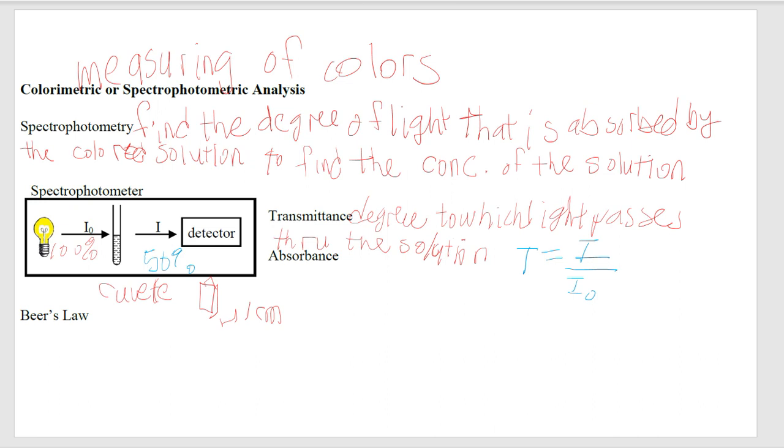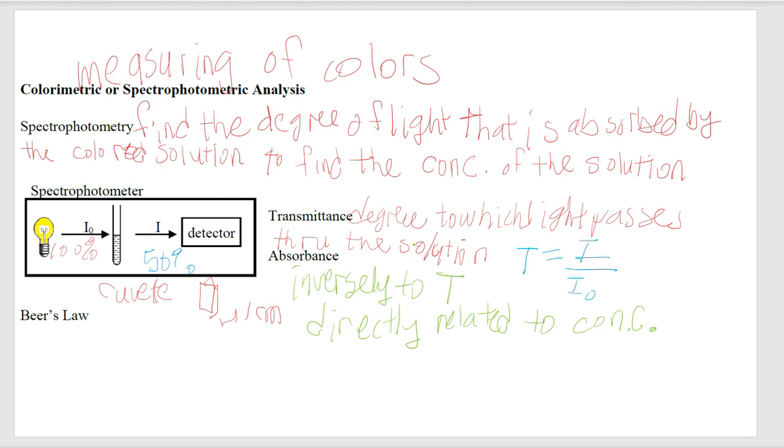So it's how much light is absorbed, and it's inversely related, I'll do this in green, to transmittance, I'll put big T for transmittance, and it's directly related to our concentration, and I'll put CONC for concentration.